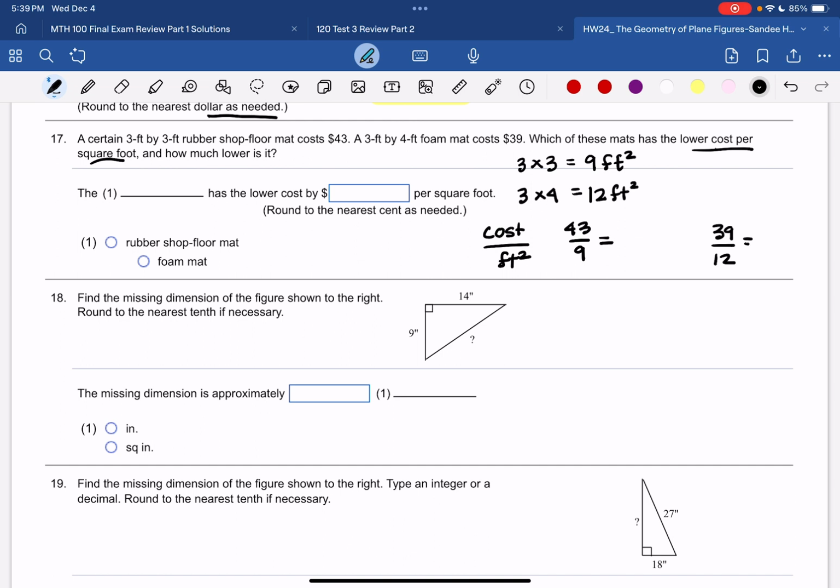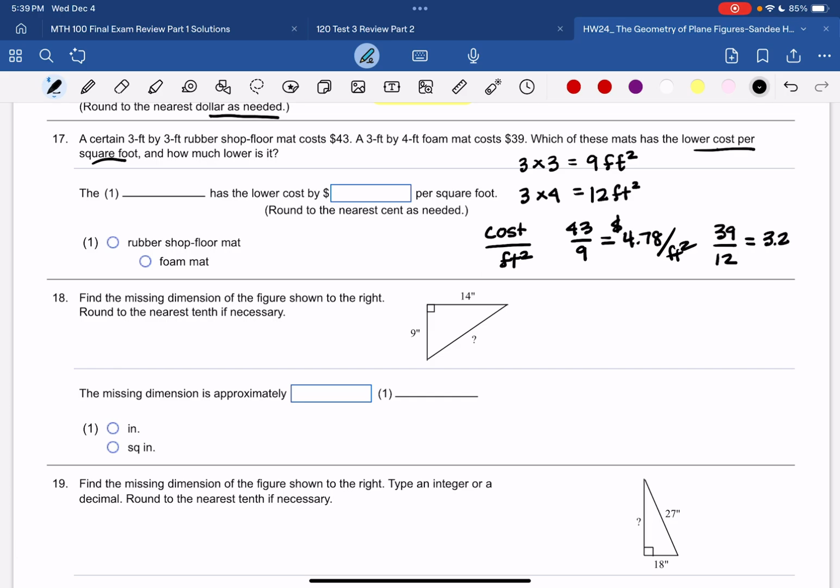All right, we're going to get approximate costs here. 43 divided by 9 is about $4.78 per square foot. 39 divided by 12 is $3.25 per square foot. So the cheaper one is the foam.